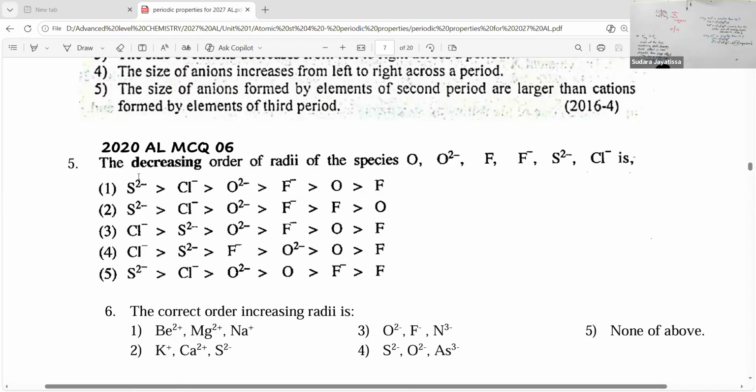Now in this question, they have made it difficult by introducing atoms also. But according to the last 2 points we highlighted, atoms are smaller than their anions. That means F minus is larger than oxygen. F minus is larger than nitrogen.